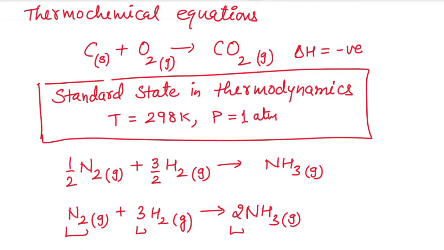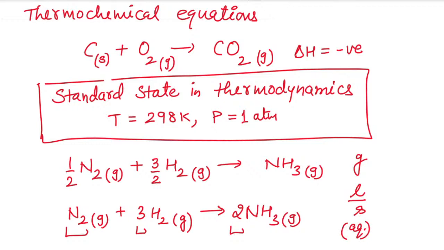For indicating the physical state of each substance in a chemical equation, the symbol G is used for gas, L for liquid, and S for solid. If it is an aqueous solution, you write it as AQ.